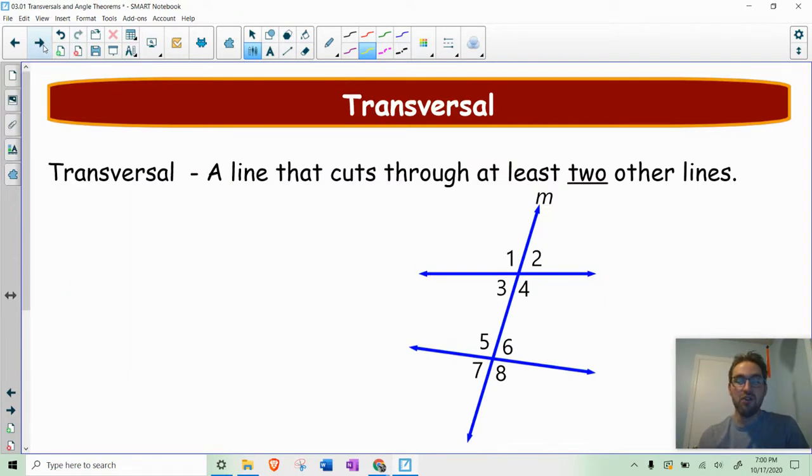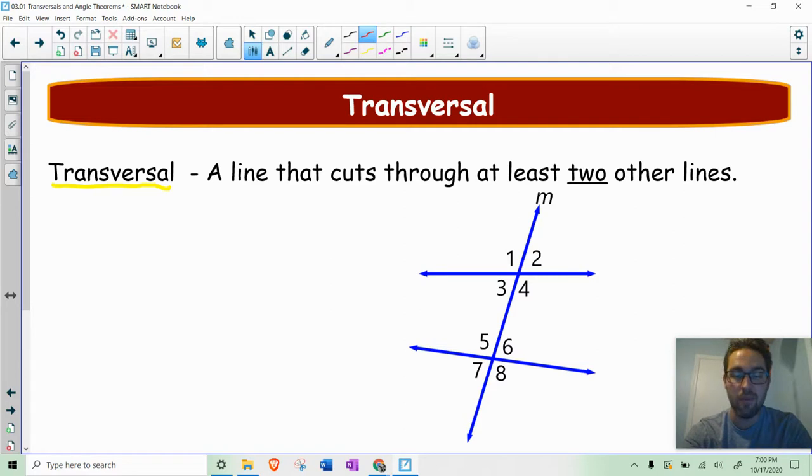The beginning of our new vocabulary is this thing called a transversal. A transversal is a line that cuts through at least two other lines. So at least in the beginning of this unit, we are going to be labeling our lines with a single letter because we will have a bunch of lines.